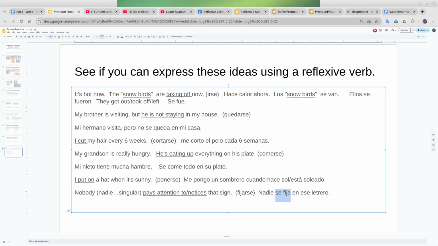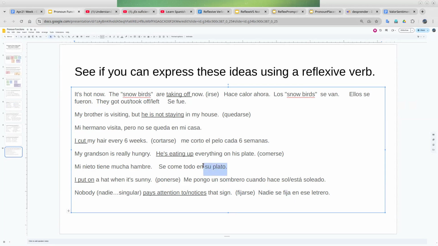This is unrelated, but on the me corto el pelo, why is it el? And then when we get to the mi nieto tiene mucha hambre, it's su plato. Why aren't they both el?